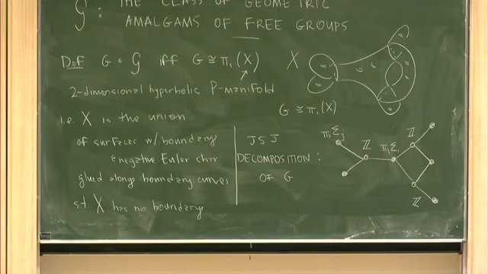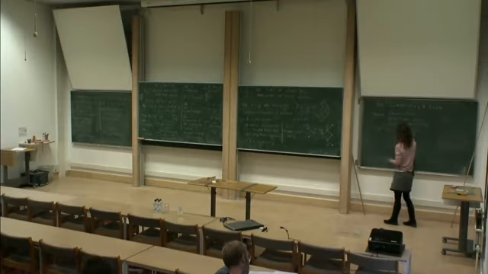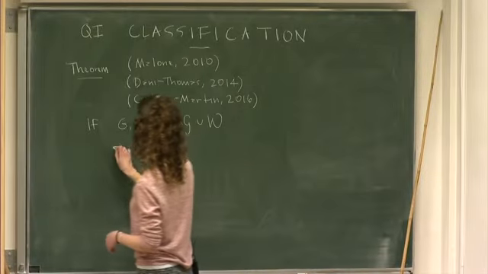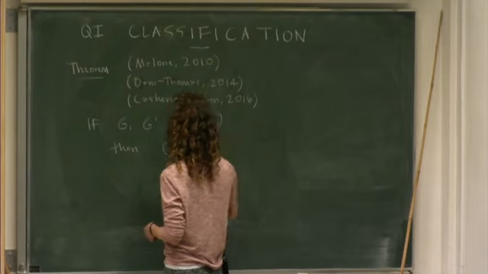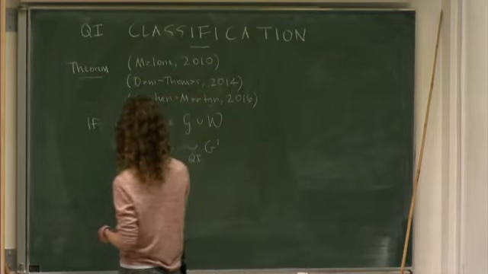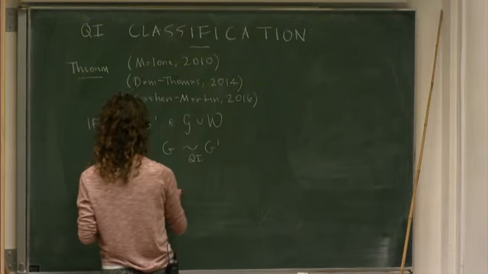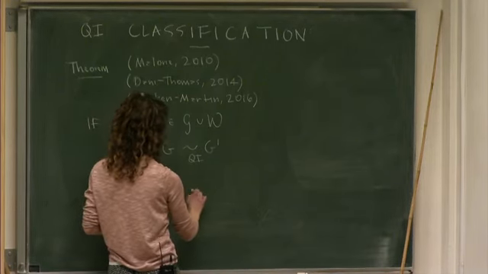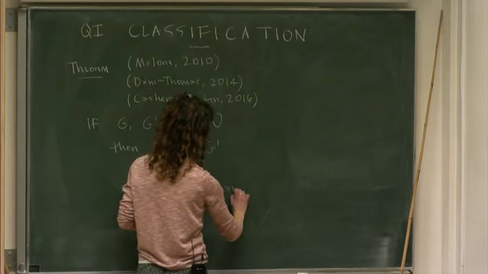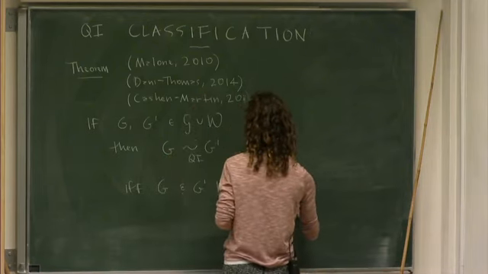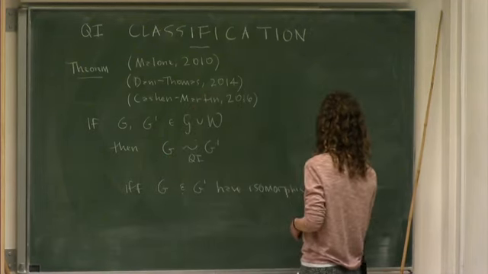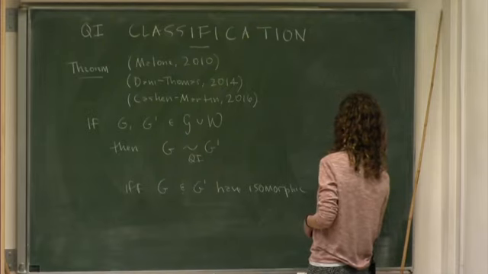So we know that if G and G prime are groups in the union of these two classes of groups, then G and G prime are quasi-isometric if and only if G and G prime have isomorphic JSJ trees.